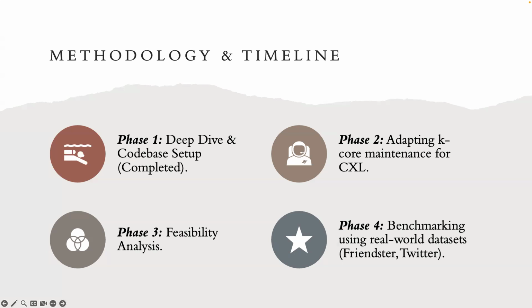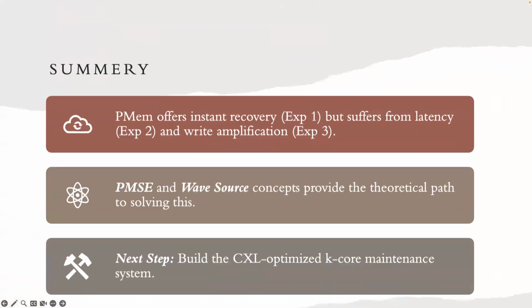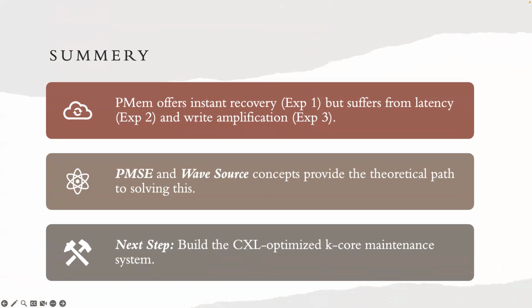We check how the trade-off can be kept minimal so that we can keep most of the CXL benefit, like we are not giving up too much. And then we do the benchmark with real-world datasets, maybe large datasets where we have gigabytes of data. Okay, good. And yeah, that's all.